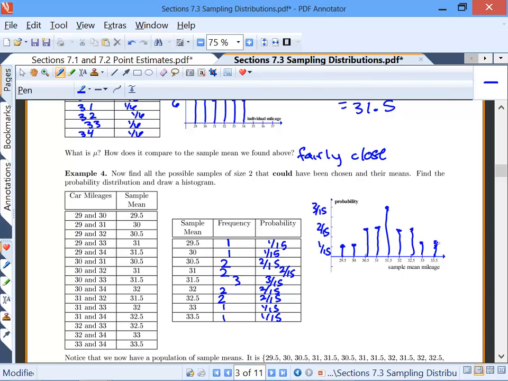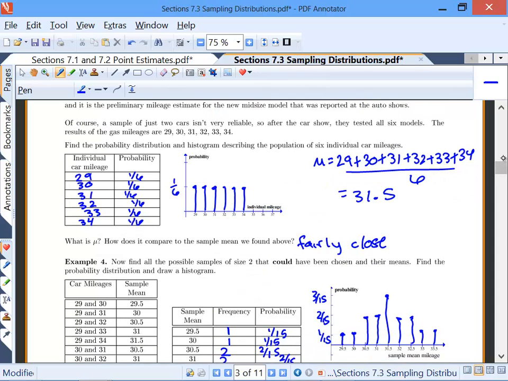Okay. How would you describe the shape of that distribution? Symmetric, skewed, unimodal, bimodal? Okay, symmetric, probably unimodal, because it has really one big peak. Notice something here, okay?